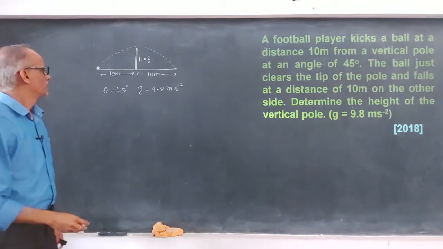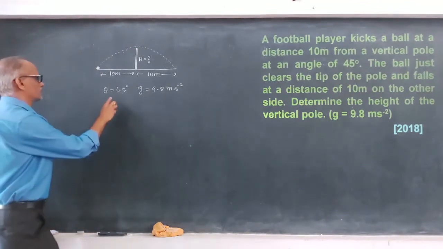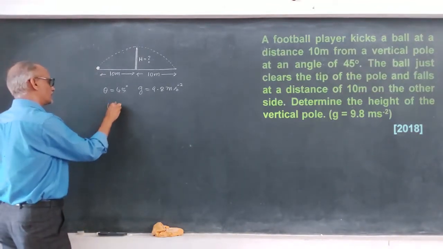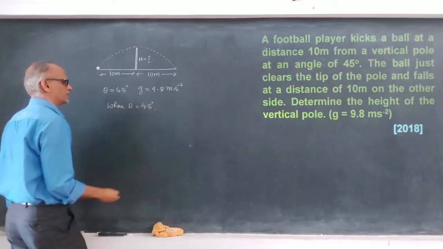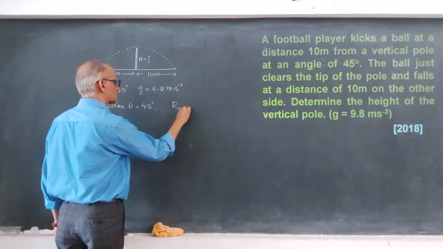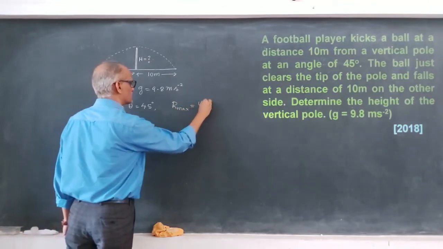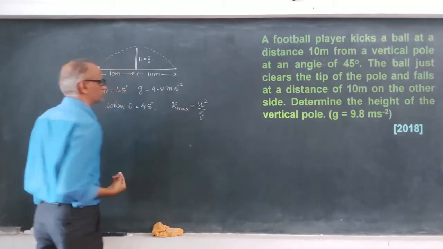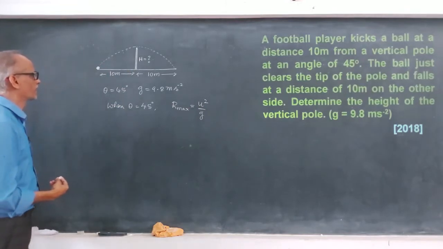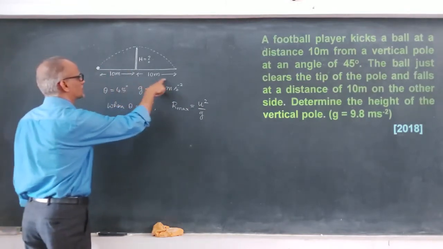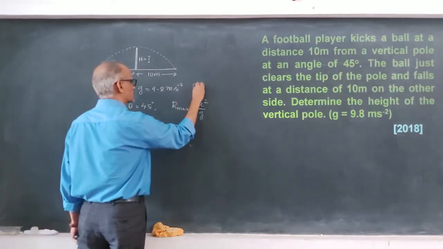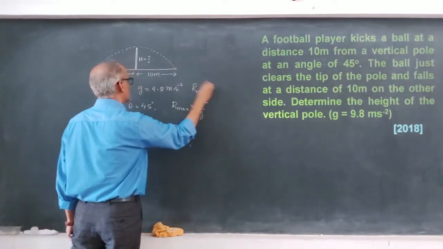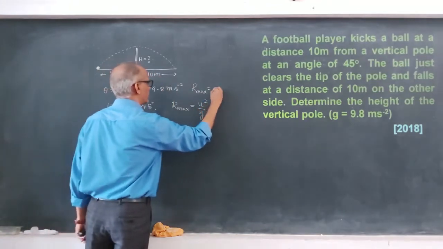Now see, when theta is 45 degree, R max is given by u square by g, correct? And this is the horizontal distance. This is R max because theta is 45 degree. So R max is given, that is 10 plus 10, that is 20 meter.